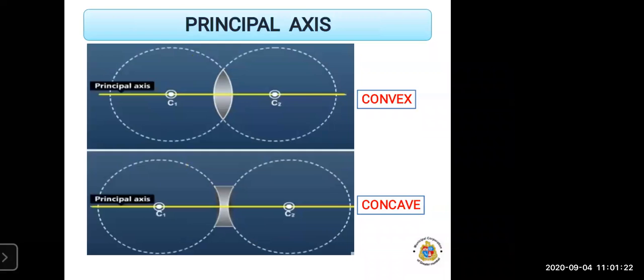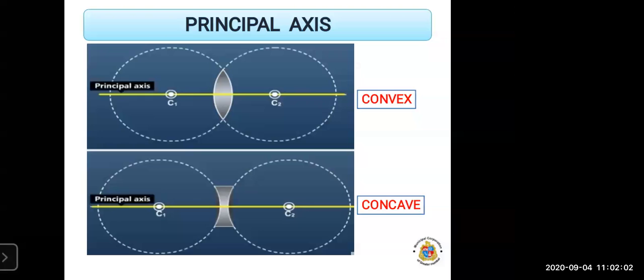Now what about the next term, that is the principal axis. What is meant by the principal axis? It is nothing but an imaginary line. It passes through the center of the curvature. Now look at the diagram, students. Here the principal axis is the imaginary line which passes through the centers of curvature, C1 and C2, of the convex lens and concave lens.